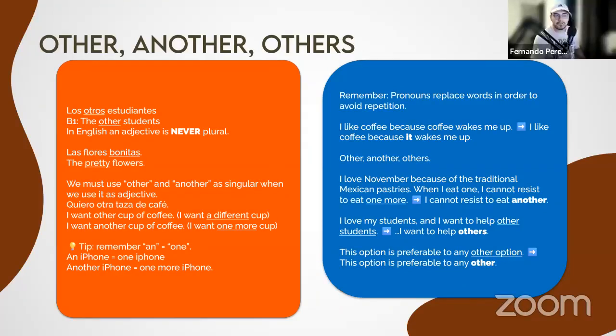As you can see, the substitutions are very specific. If you want to say one more, you can say another. If you want to use the adjective other and then a word in plural, use others. And if you have the adjective other and the word in singular, use other.